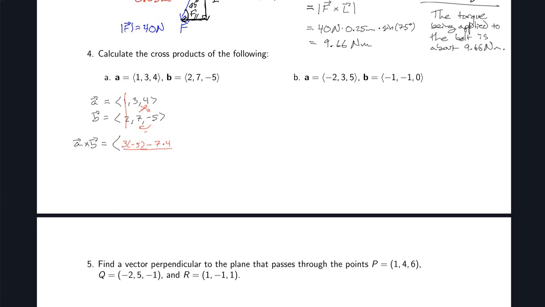So 3 times negative 5 minus 7 times 4. And the order does very much matter because subtraction is not commutative. Then we'll look at the second component, and we will ignore the middle. There are a couple different ways of thinking about this, but it's going to be the same. I like doing it where it's the exact same shape.